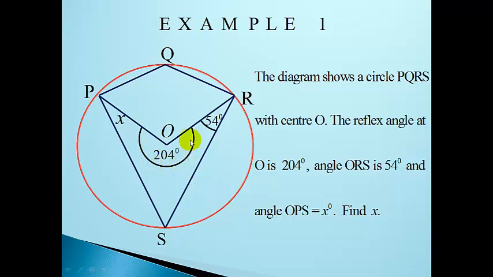Angle ORS is 54 degrees. That is, the angle at R is 54 degrees. And angle OPS equals X degrees. Now we have to find the value of X. We have to find the angle X.